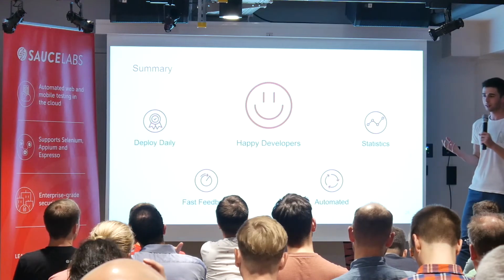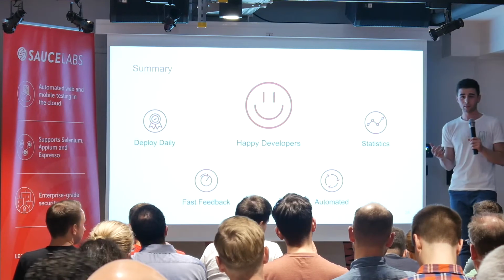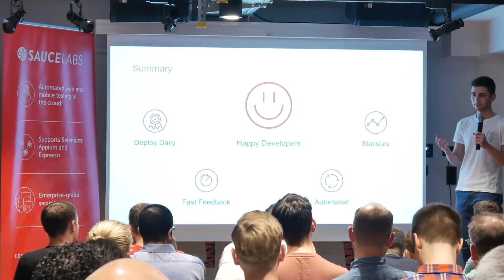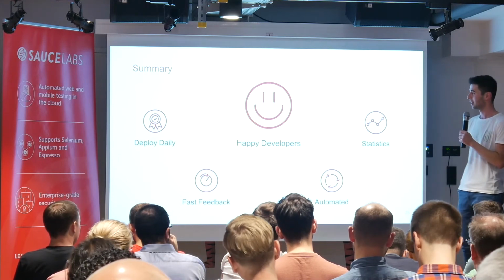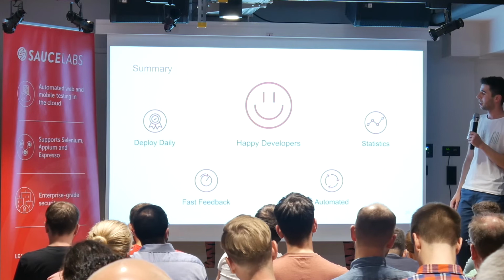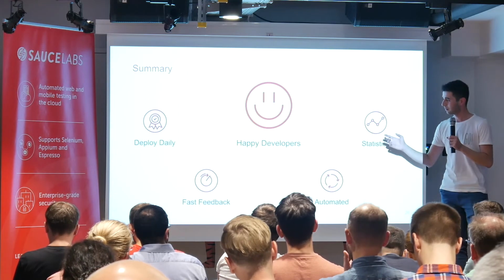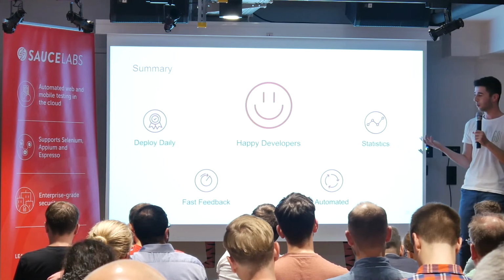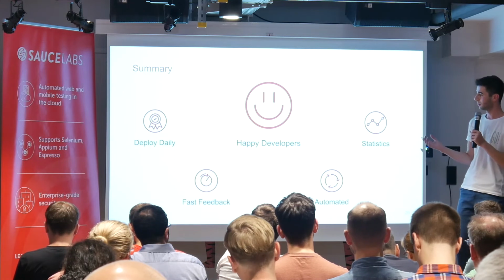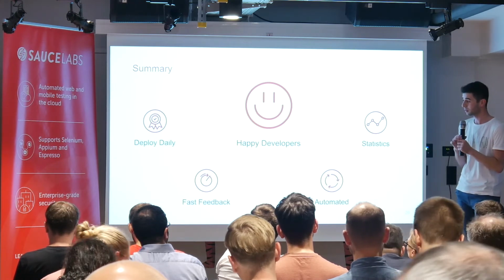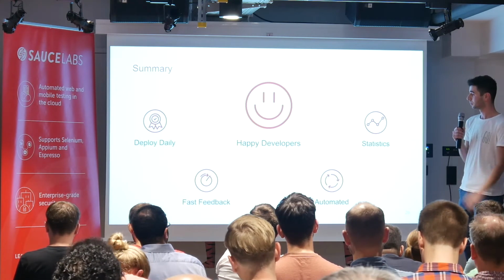Ensuring quality for enterprise customers is not an easy thing. We can deploy daily. We would like to be able to deploy every minute, but unfortunately this is not possible until now.